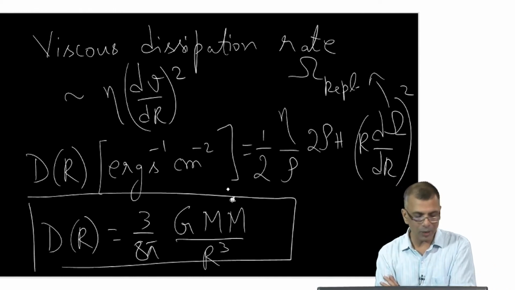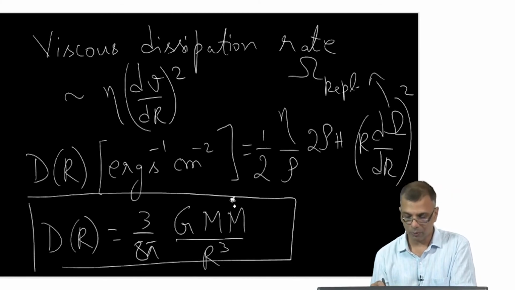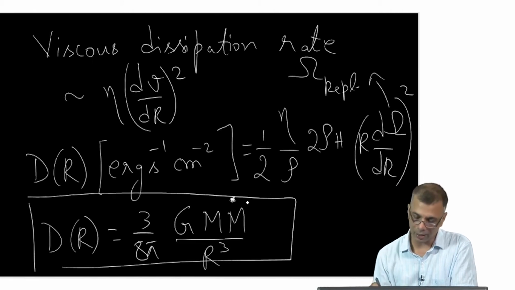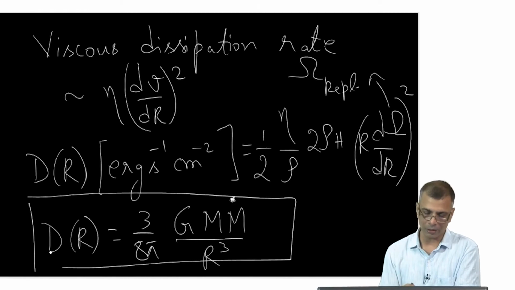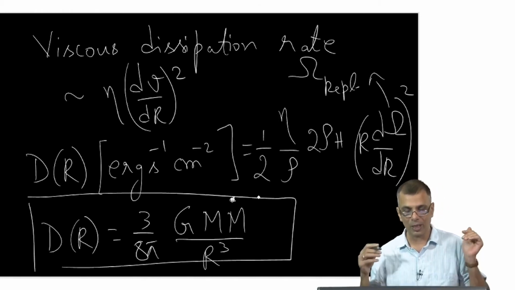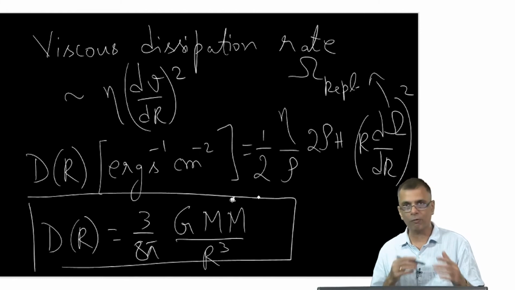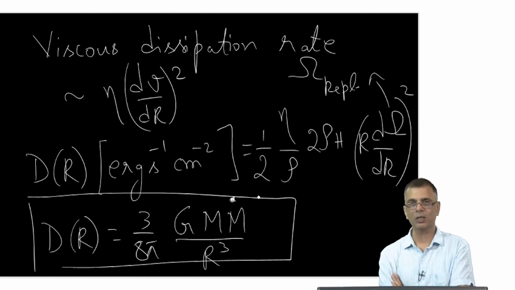You give me a certain black hole or a certain compact object with this mass, which is sucking in matter at a certain rate m dot, and at a particular radius, this is the amount of ergs per second per centimeter squared that is available via viscous dissipation, and this expression is independent of all the microphysics. It's very interesting. So this is essentially the upshot of the energy equation.